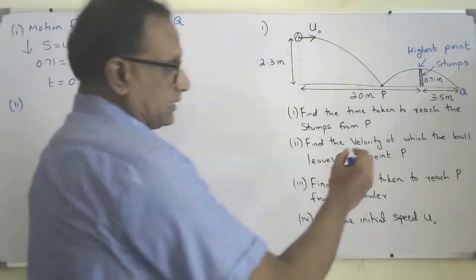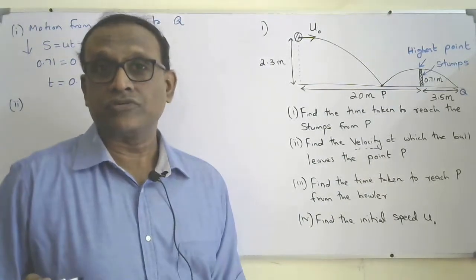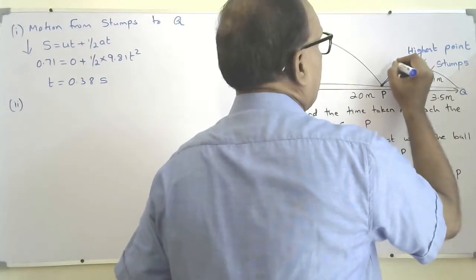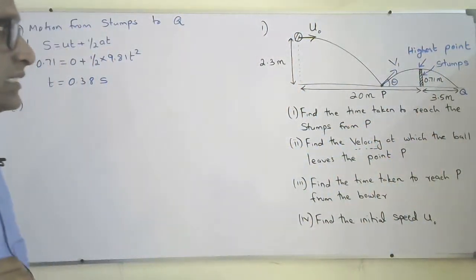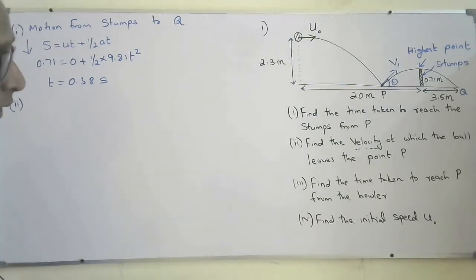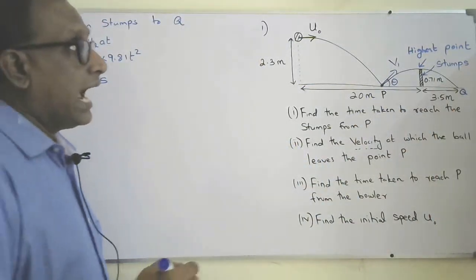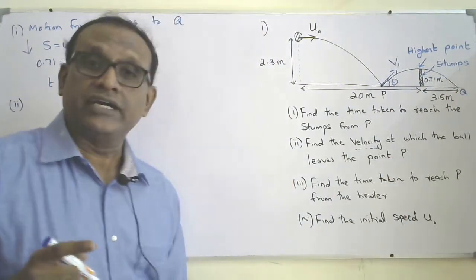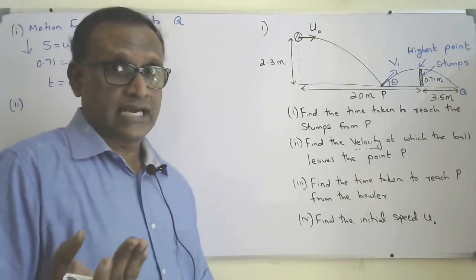Second part. Find the velocity. Not speed. Velocity means I should tell the direction, which we can give in terms of an angle. So the velocity at which it bounces off from the ground, I can say V1 at angle theta. Find the velocity at which the ball leaves the point P. For that, I know the vertical displacement 0.71 meters, and the vertical component of the velocity just above the stumps will be equal to 0 because it's the highest point.